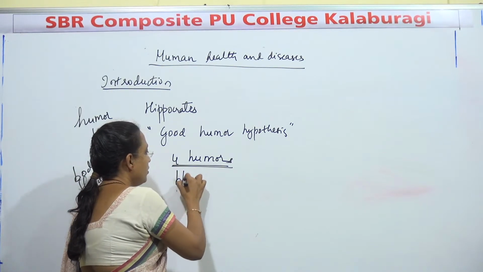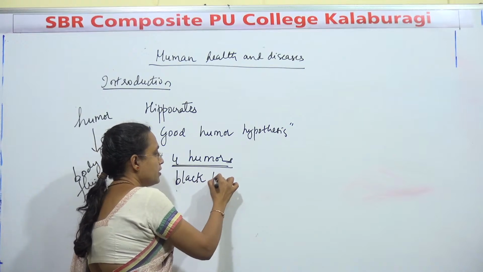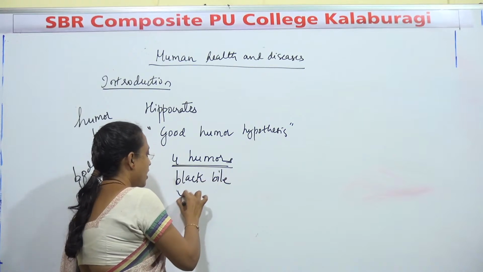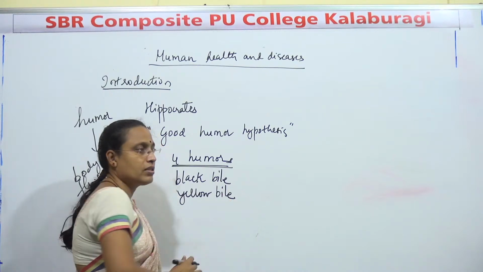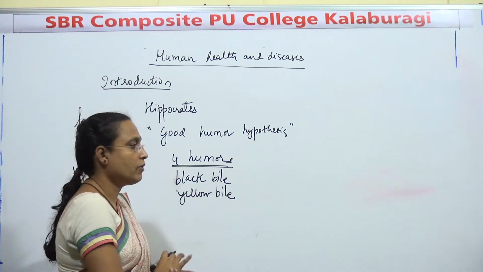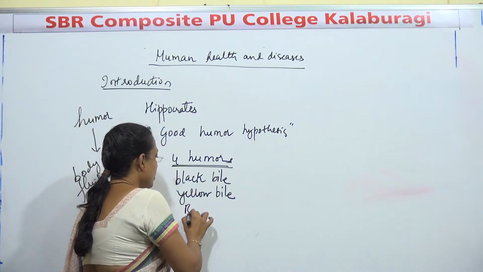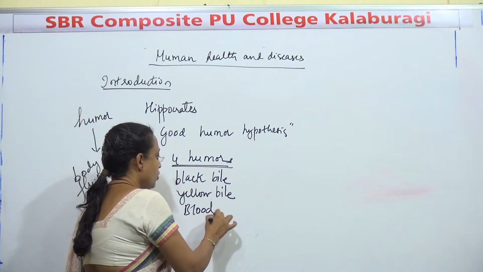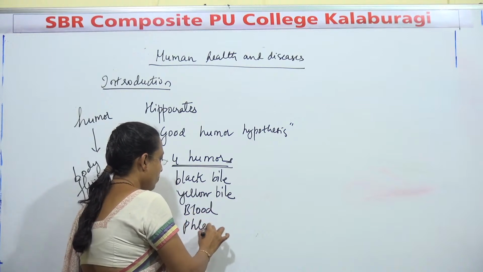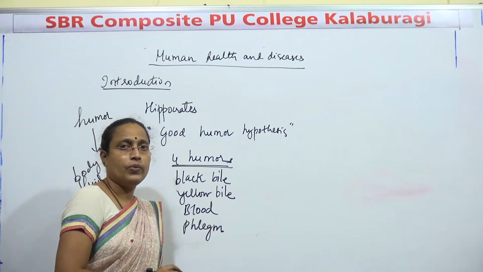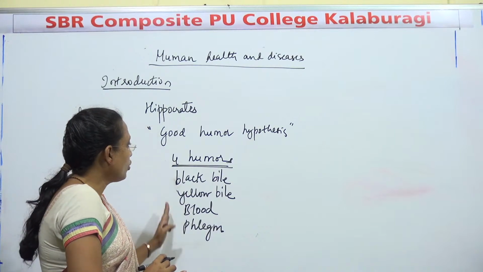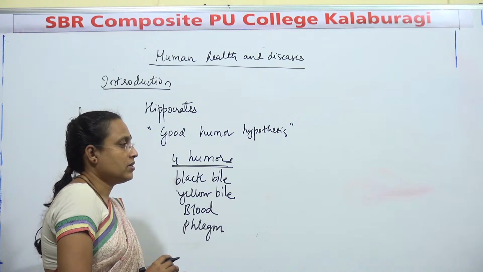Black bile is one humor. It's a body fluid. Another is called yellow bile. This is also a body fluid present in our body. And blood is the fluid present in the body. Another is phlegm, also a body fluid. So these are the four humors present.